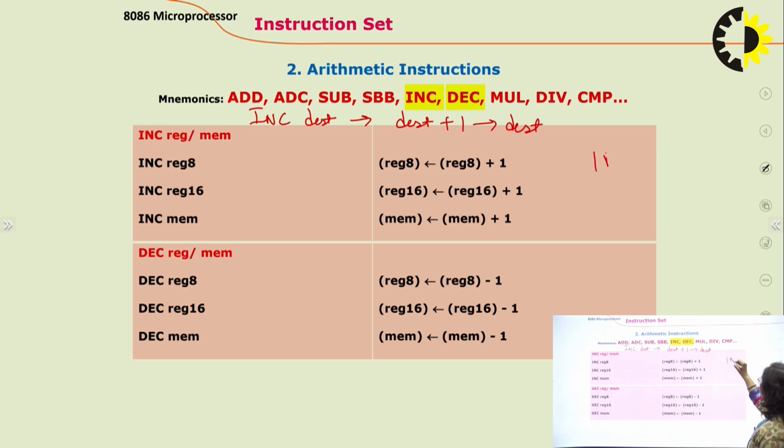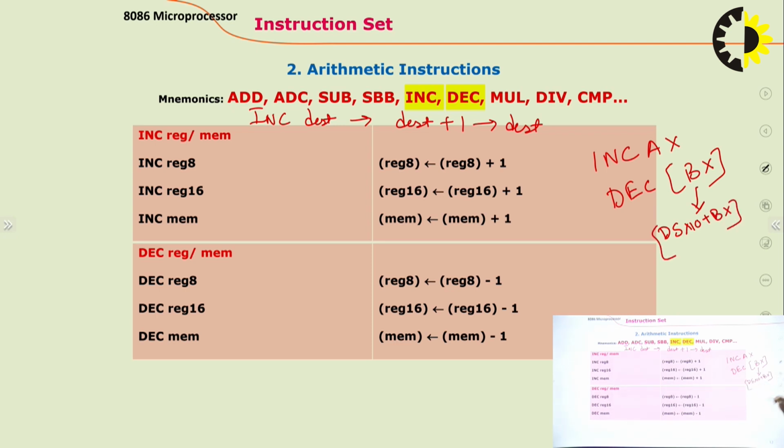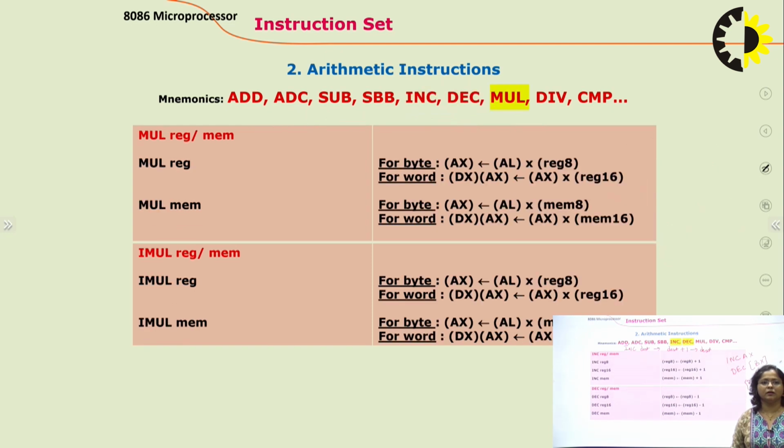For example, INC AX adds 1 to AX and copies it to the same location. DEC [BX]: BX is the effective address of the memory location, the physical address is calculated by DS into 10 plus BX, and it subtracts 1 from this location. In this instruction, the operand can never be immediate data.